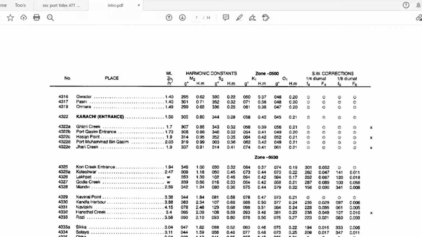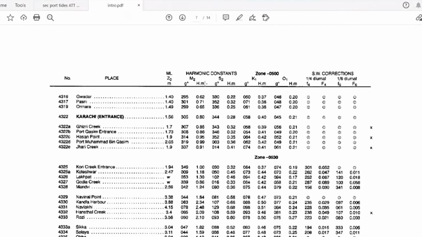So have you understood this mean level, M2, S2, K1, O1? Under M2 you will get two values. Small g will be in degrees, capital H will be in meters. So you got 295 degrees, 0.62 meters. Here you got 30 degrees, 0.2 meters. We call it the g value and H value.